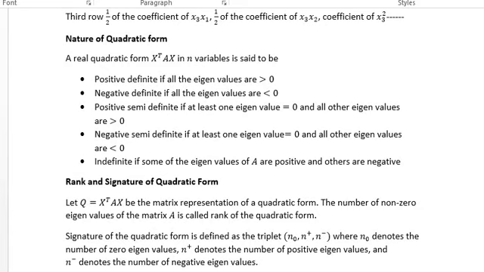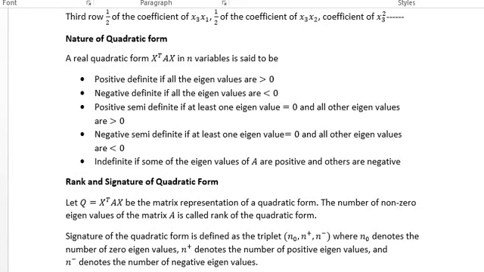It is said to be positive semi-definite if at least one of the eigenvalues is equal to 0 and all other eigenvalues are greater than 0. Negative semi-definite if at least one eigenvalue is equal to 0 and all other eigenvalues are less than 0. And indefinite if some of the eigenvalues of A are positive and others are negative.